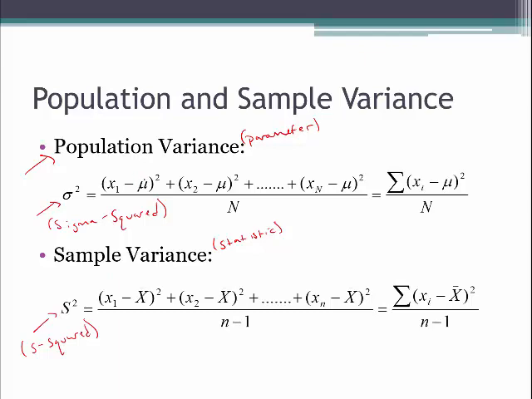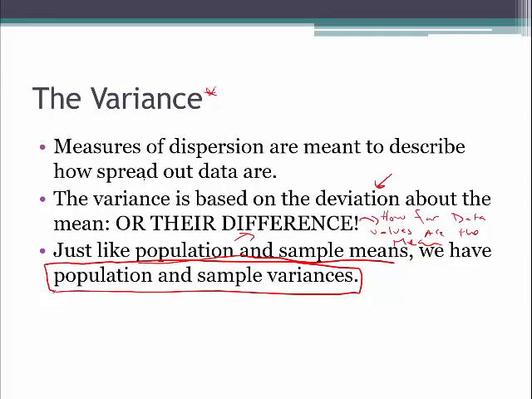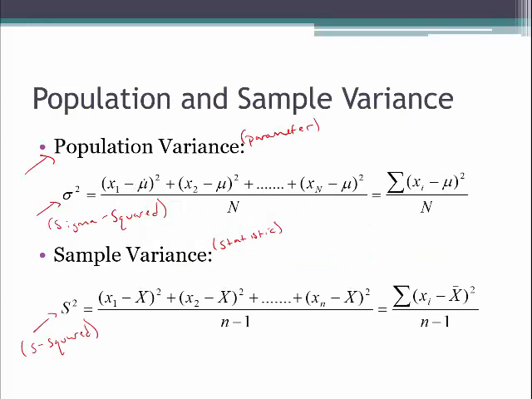All right, so here's what you do. Looking back, I said it's about the deviation from the mean. So you take the first x value and you subtract away the mean. Remember, mu is the population mean. And then you square it. I'll talk about why you square in a second. Then you take the second value in the data set, subtract away the mean, so you find its deviation from the mean, then square it. You keep going until you get to the last value in the data set.